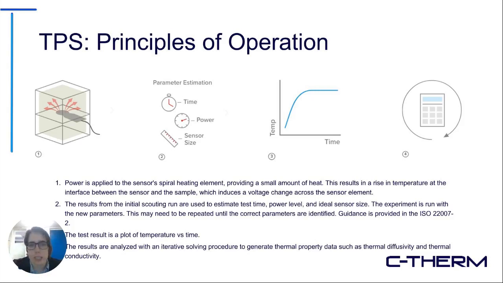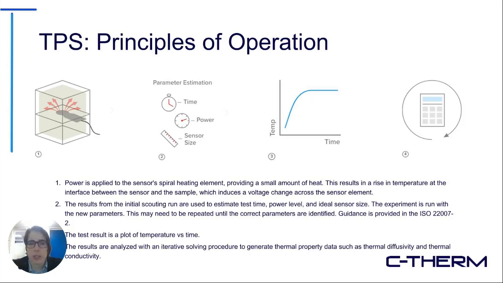And then you run a scouting run, and you do that based on some predefined power and time parameters based on what your material is most like. So for most consolidated geological samples, you're going to choose the recommended time parameters for ceramic-like materials because those are the most thermally similar to rocks and other consolidated geological samples.